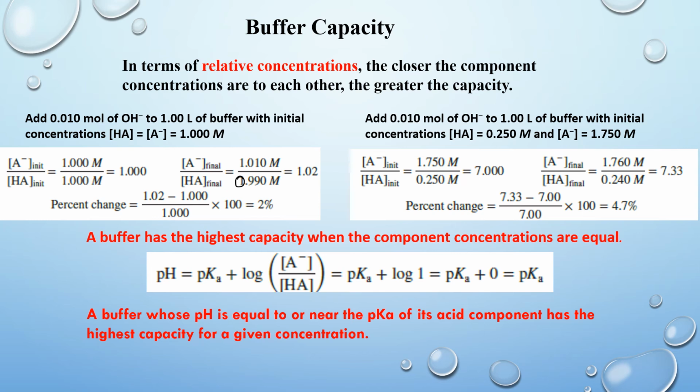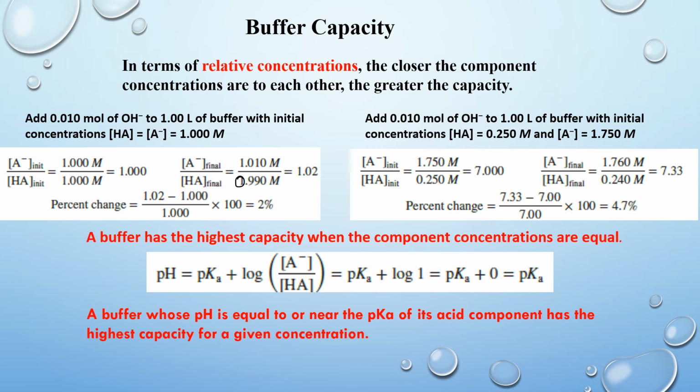From the previous slide, we see that by increasing the absolute concentration of the components of the buffer, the buffer capacity can increase. And in that example, we have the same concentration of acid and base. So the relative concentration of this acid and base can also affect the buffer capacity.